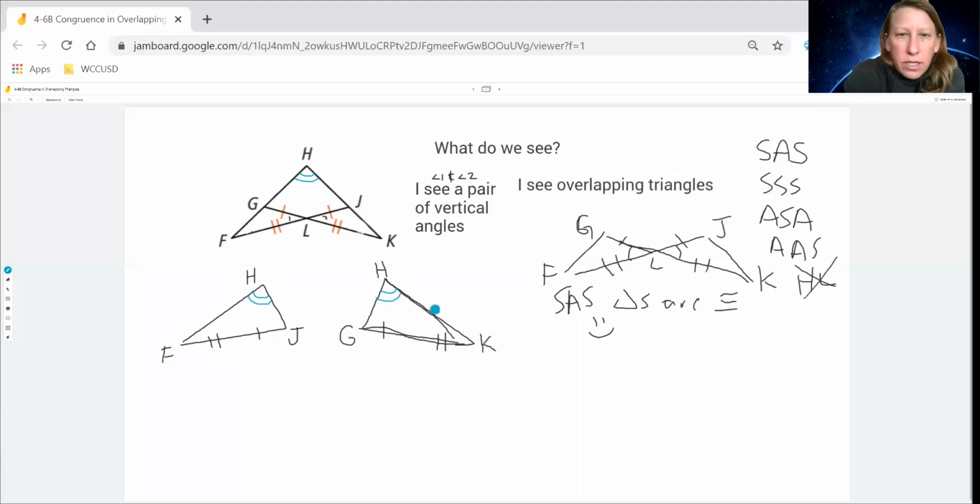So angle H is congruent to angle H. Okay, so that might be helpful to me if I'm trying to prove some triangles are congruent. I look at that point where they overlap and they both have angle H at the top, so angle H is congruent to angle H, that's a freebie.